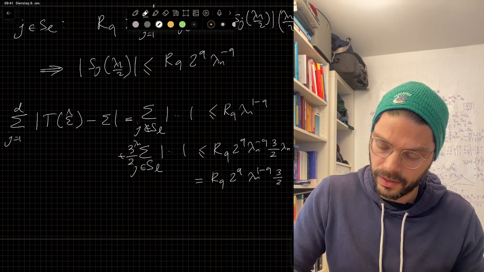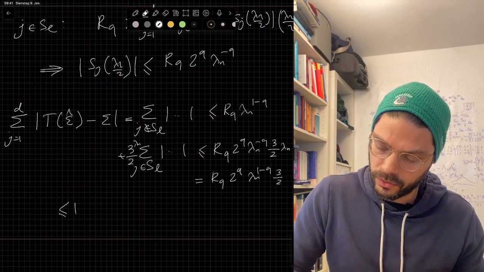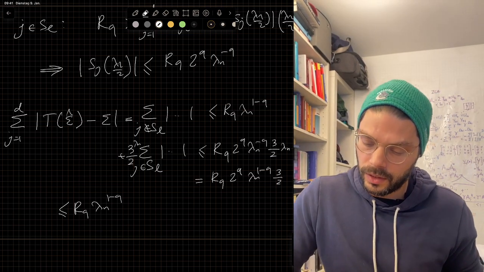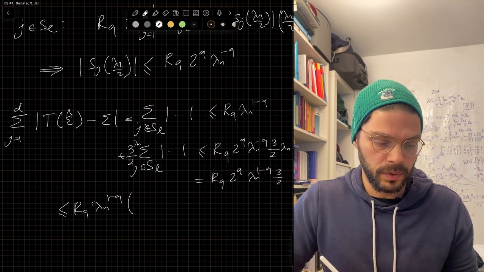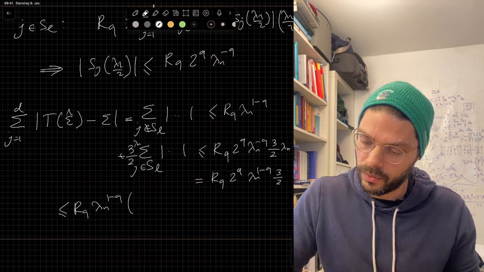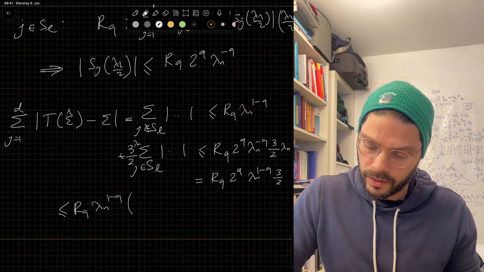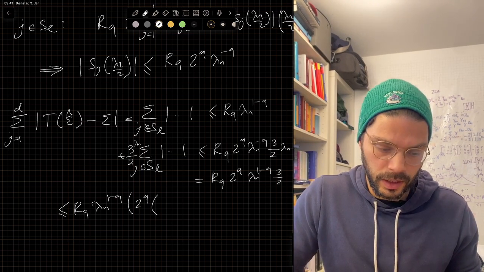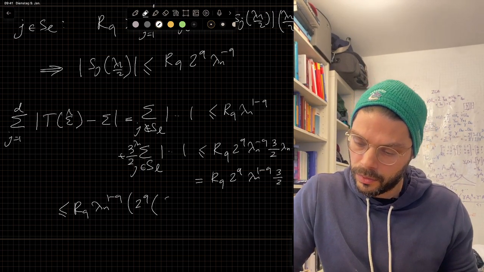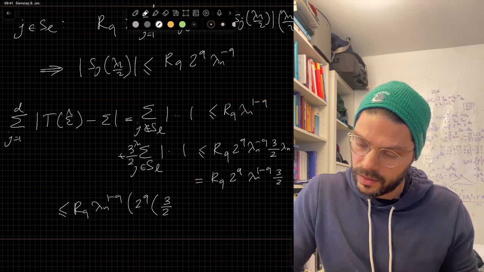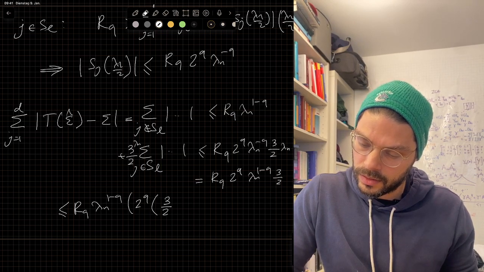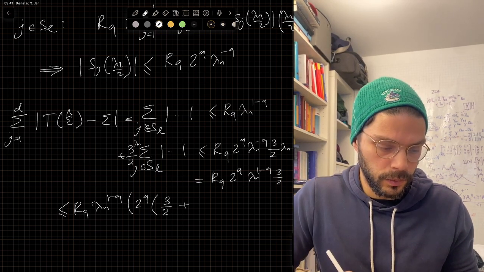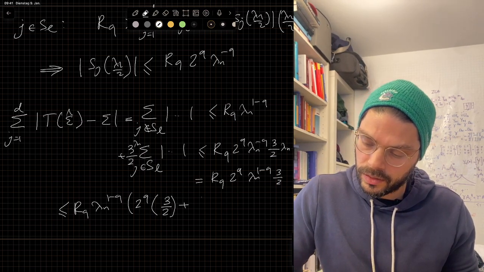And then when we add these up, this is going to be less than or equal to R of Q lambda n to the 1 minus Q times, what do we have? We've got a 2 to the Q times a 3 halves plus 1.